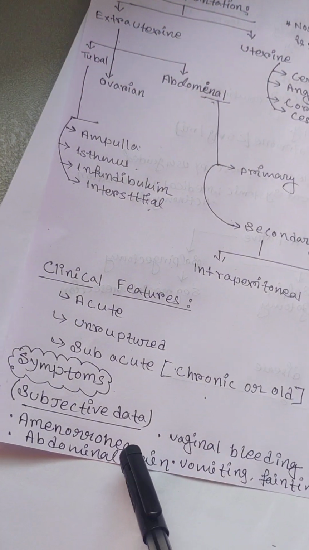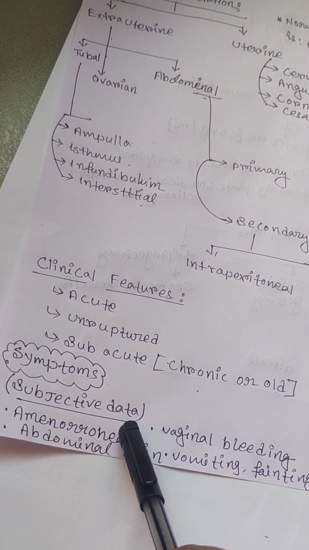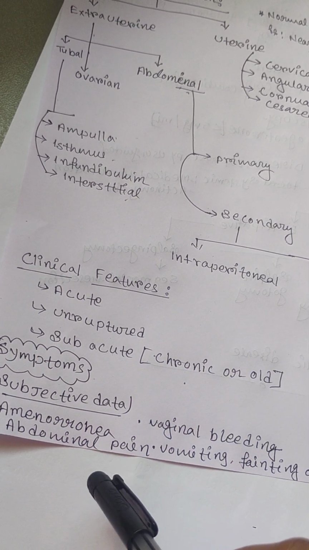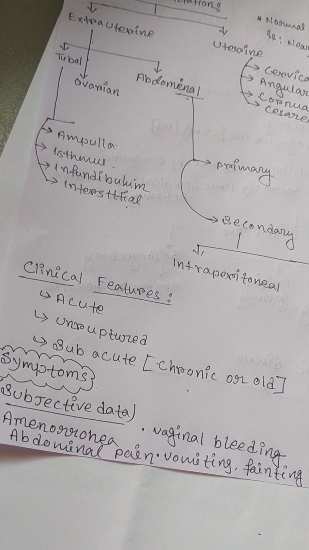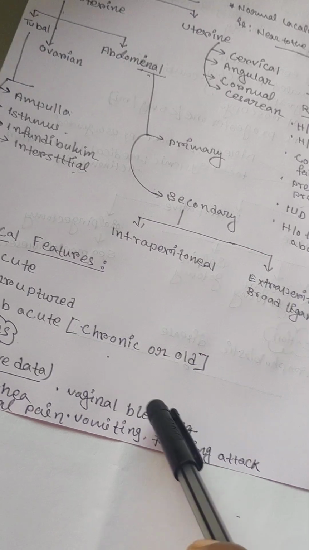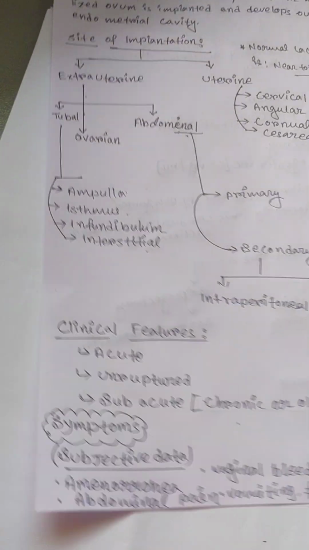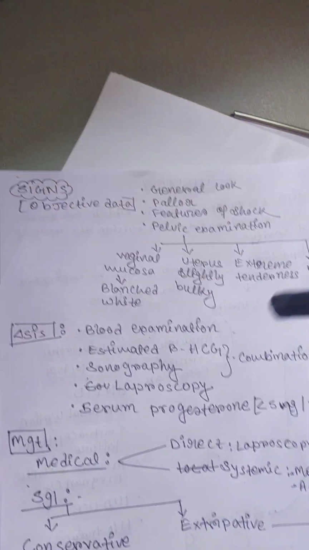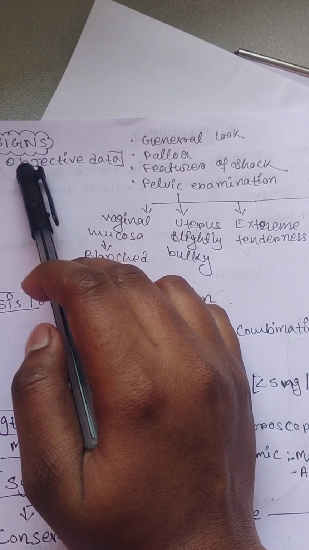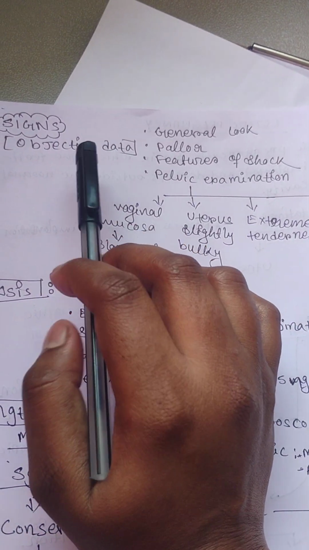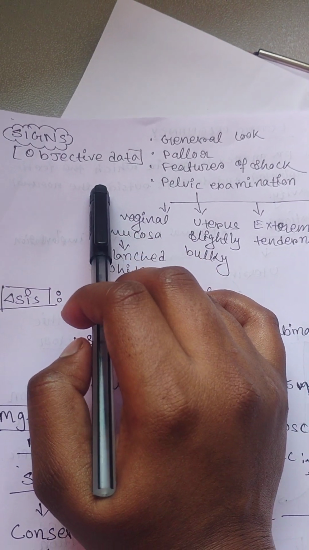Vaginal bleeding, amenorrhea (absence of menstrual period), abdominal pain, lower abdominal pain or mostly pain in the abdomen, vomiting and fainting attack. Then we can see the signs. Signs are objective data, what you observe as a nurse or the doctors observe.